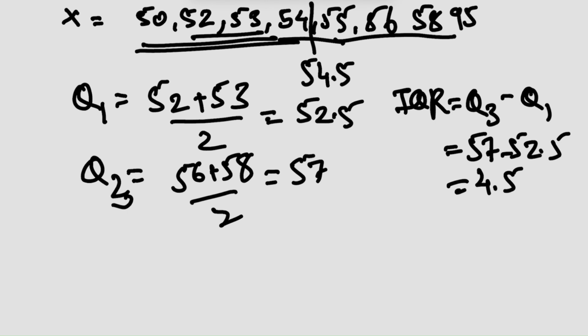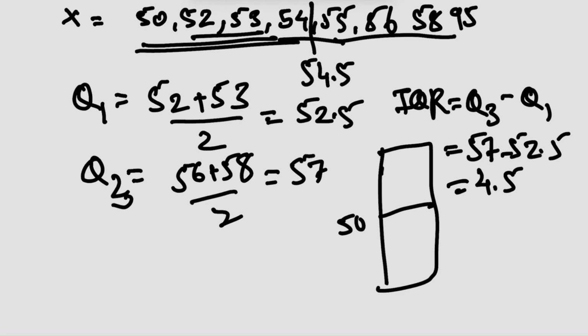To explain this concept, I would just show it to you. See, suppose this is your entire data, and this is your 50% mark, say your Q2, that is the midpoint of the data. This is your 25% of data, this is your 50% of data, and this is your 75%.